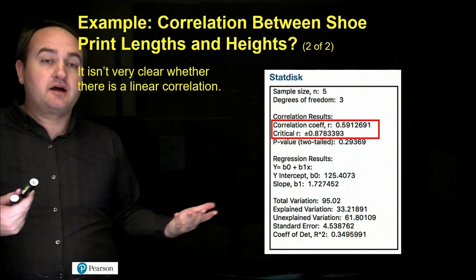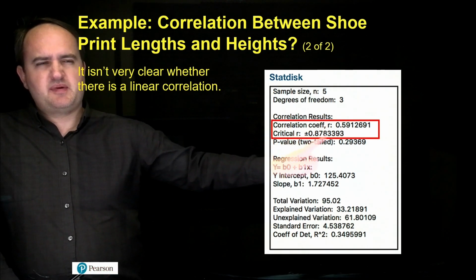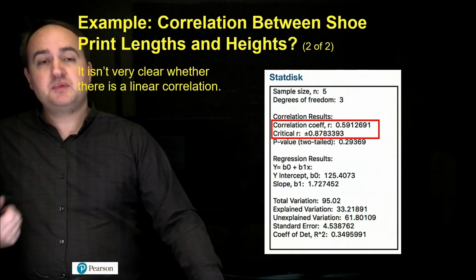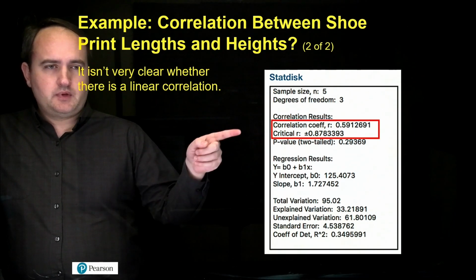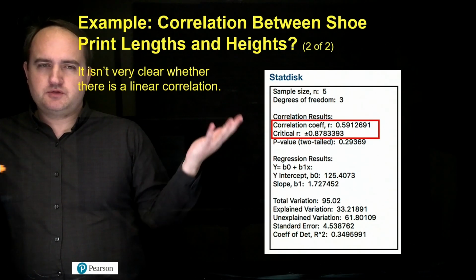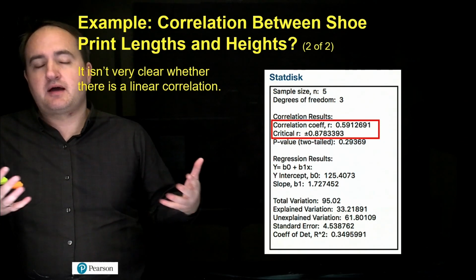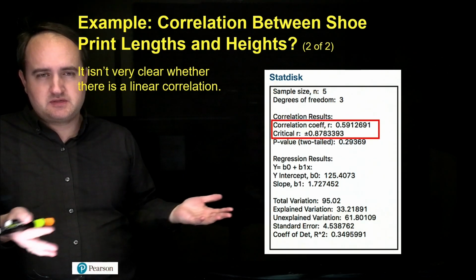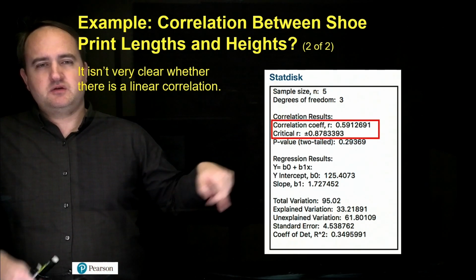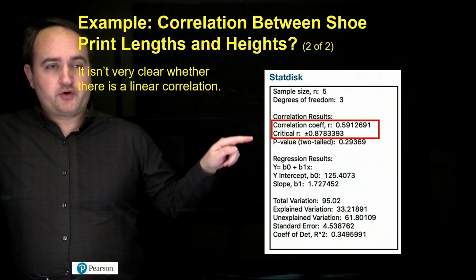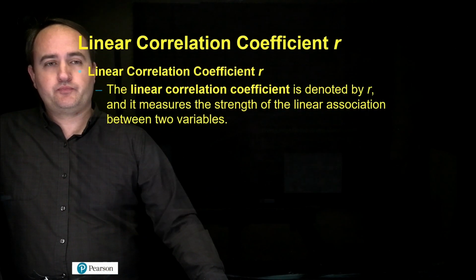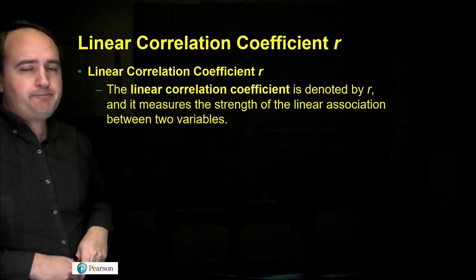Now we aren't going to have to calculate this, but we're still going to learn about the basics of it. So what it means. It has a long formula, but you can use computers or calculators to calculate it, or in the case of our homework quizzes and exam, it will just be given to you, and then we have to interpret what the correlation coefficient means. So let's go back to this slide.